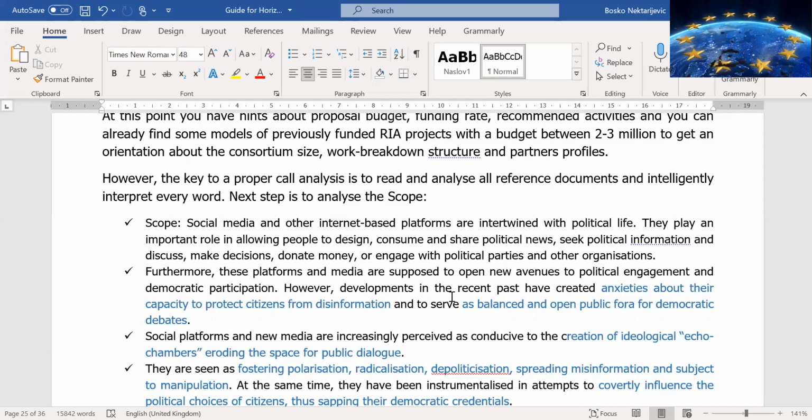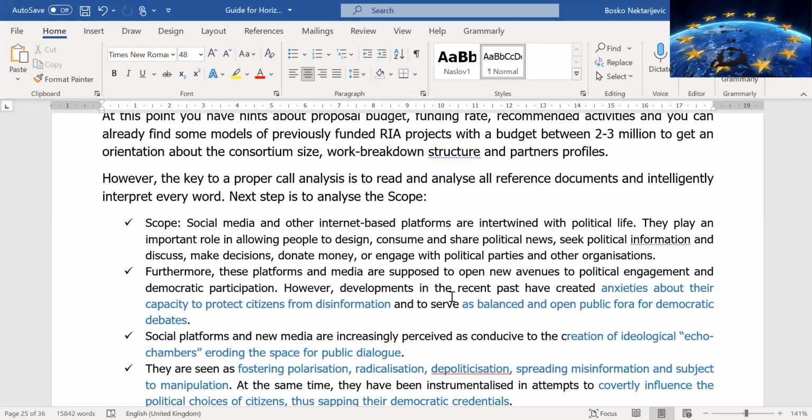Furthermore, these platforms and media are supposed to open new avenues to political engagement and democratic participation. However, developments in the recent past have created anxieties about their capacity to protect citizens from disinformation and to serve as balanced and open public fora for democratic debate.